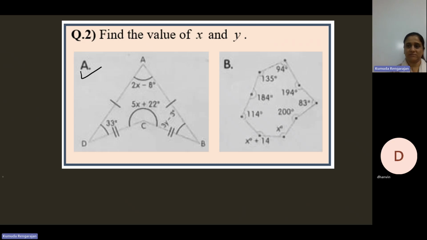Concave quadrilateral. The kite. Yeah, it is.